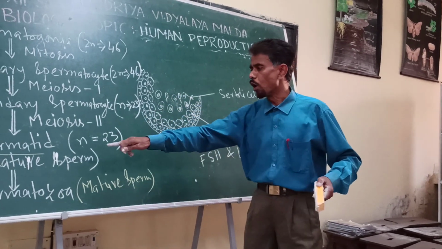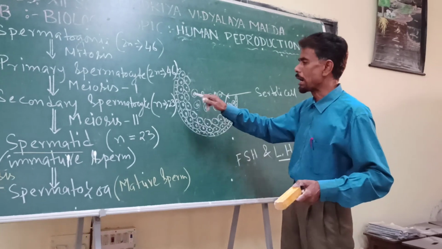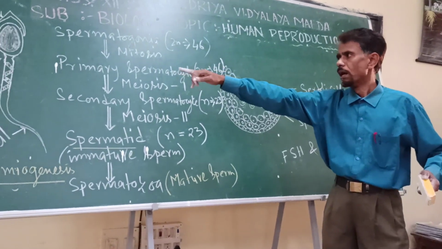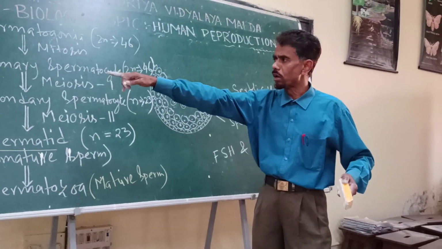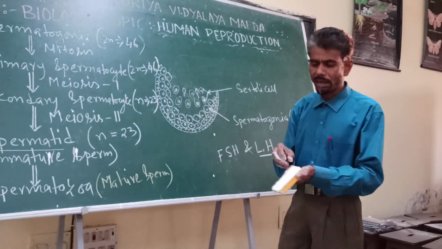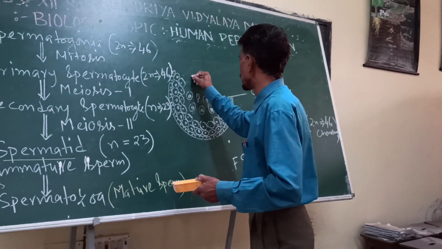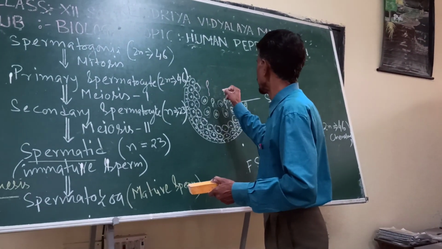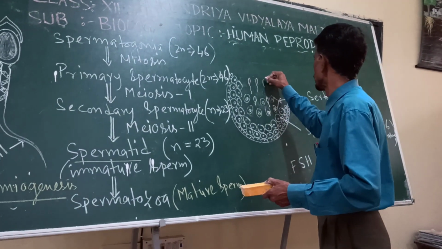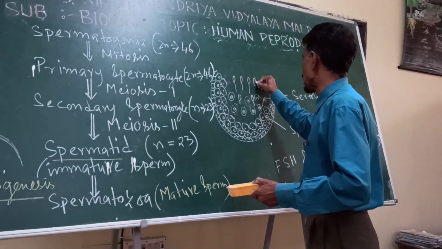By the end of spermiogenesis, the immature sperm gets an acrosomal cap, a middle piece filled with mitochondria, and a functional tail. Now it becomes spermatozoa, otherwise called functional sperm.